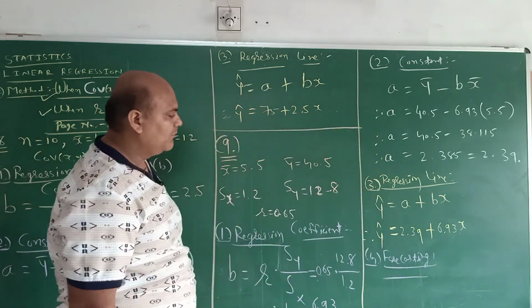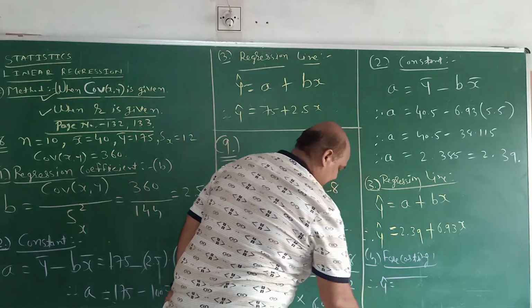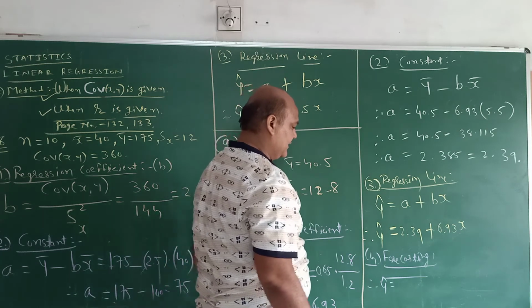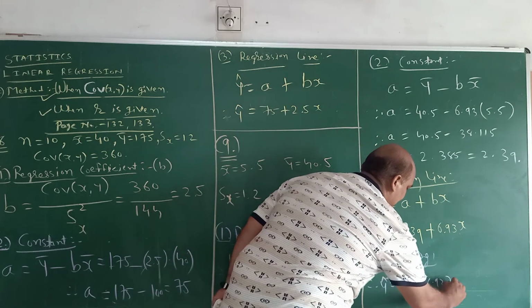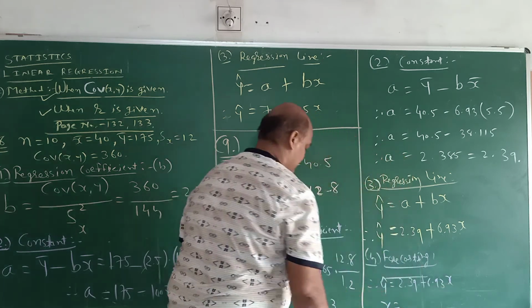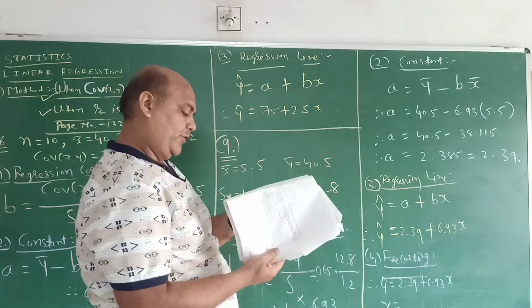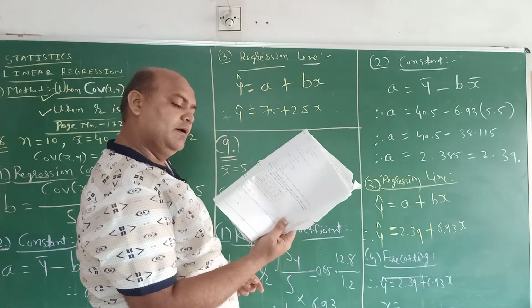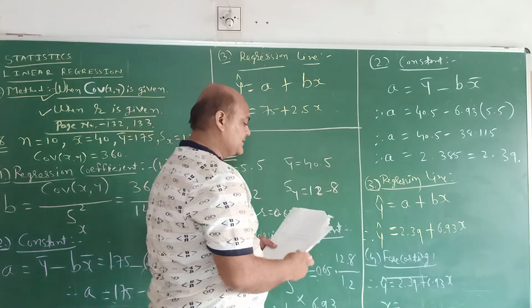Forecasting means we put the value of x in the regression line and get the answer of y. 2.39 plus 6.93x. The value of x is provided, 4.5, whose annual income is rupees 4.5 lakh. So x is 4.5.